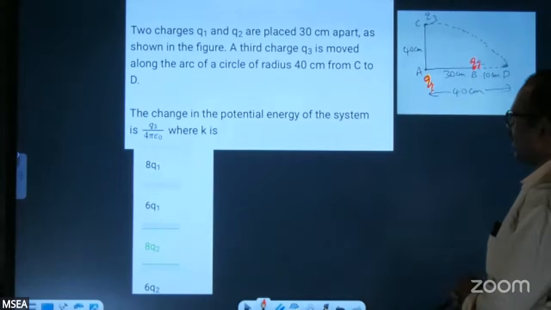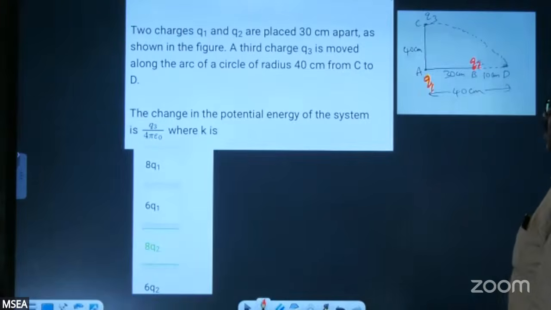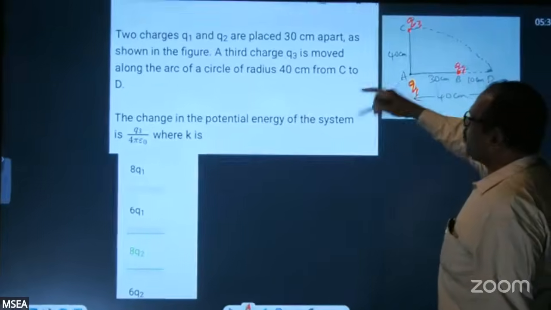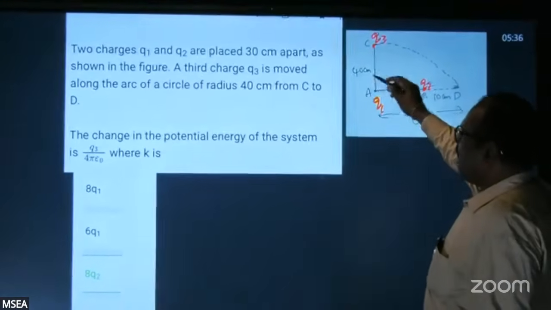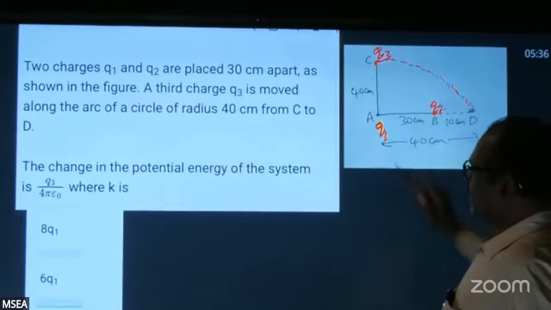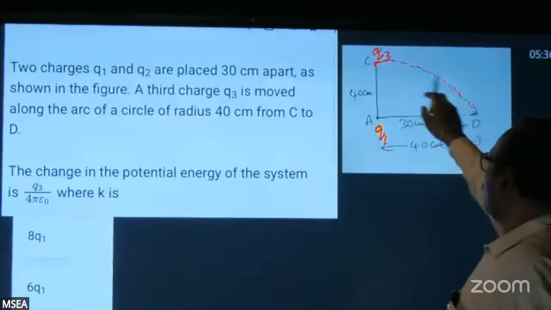They are separated by 30 centimeters, as shown in figure. A third charge Q3 is moved along the arc of a circle of radius 40 centimeters from C to D.